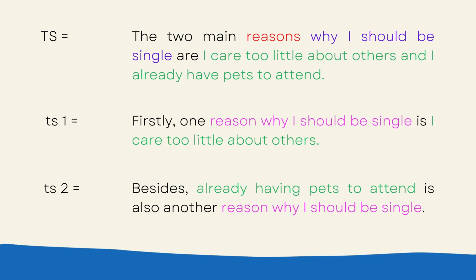Reason why I should be single. That is the topic for topic sentence. The predictors for thesis statement is transformed into the supporting details for topic sentence, which is I care too little about others. As you can see, it includes a transitional marker of firstly and besides in order to show connection of ideas.